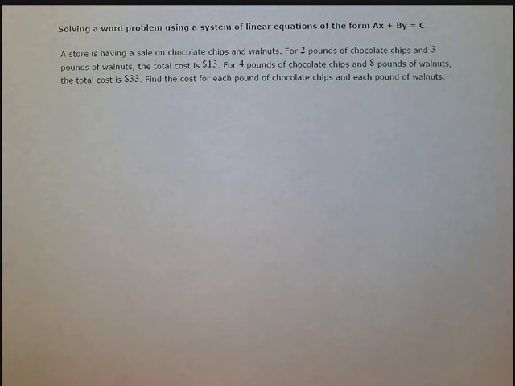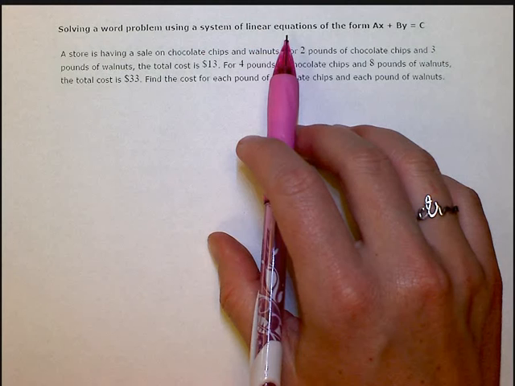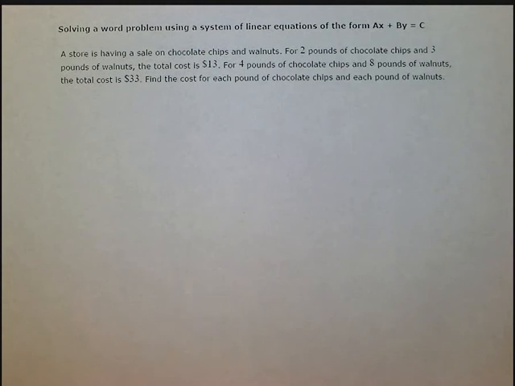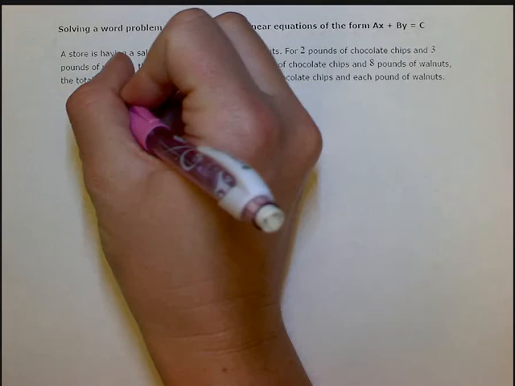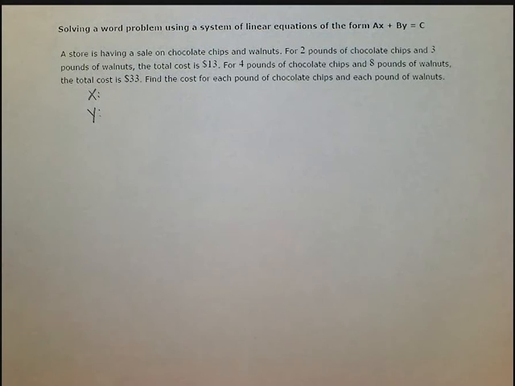Now, the very first thing that we want to do in order to solve a word problem is define our variables. We know that we'll be using a system of linear equations, which means we'll be writing 2 or more equations to represent this information, which means we'll have 2 or more variables. So let's define our x and define our y. We can tell how to define our variables by looking at what the question asks.